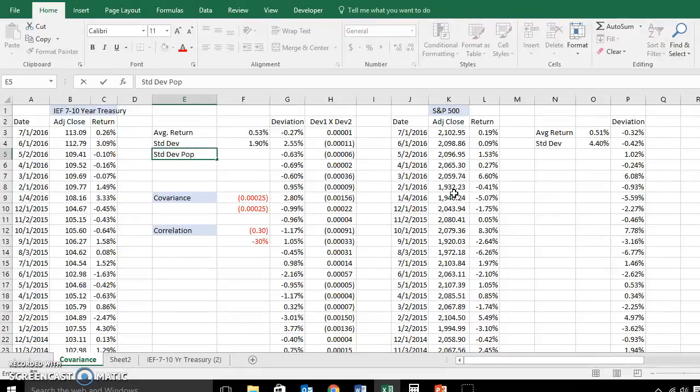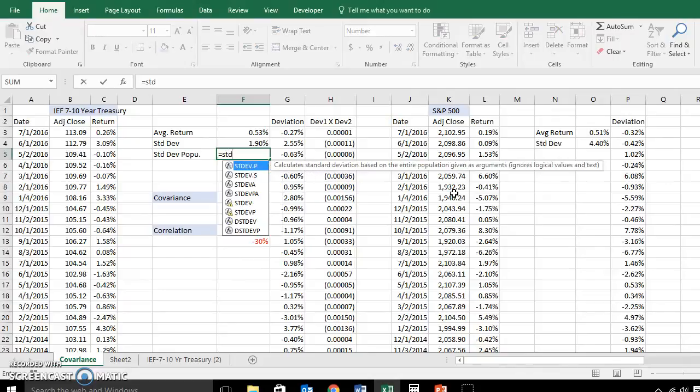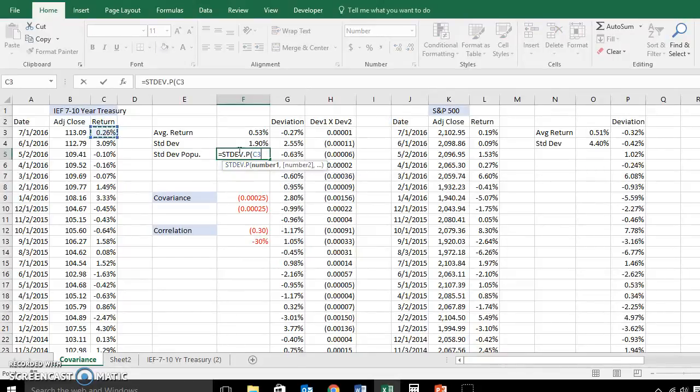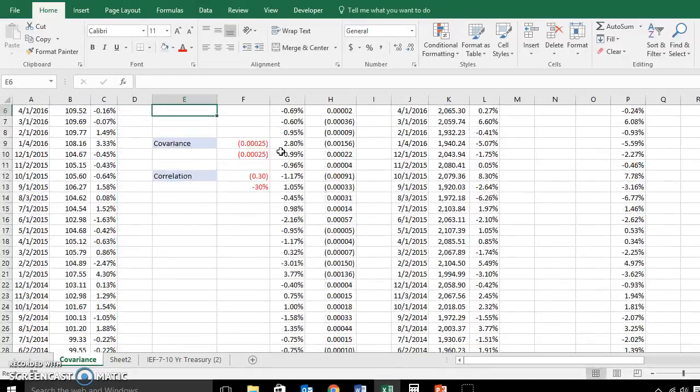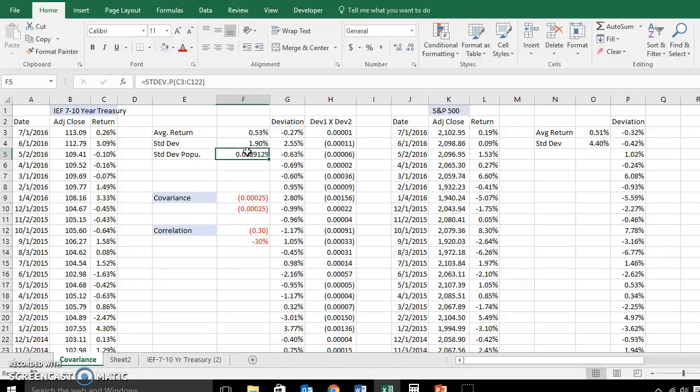So I'm just going to write POPU and then STD. There are two, you can see two formulas. So let me see, I'm just going to take the population and then enter. So I'm getting almost the same value, right? So 1.89%.